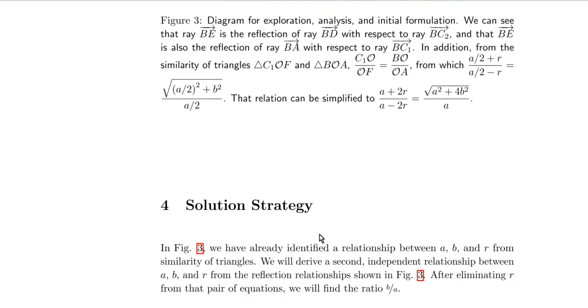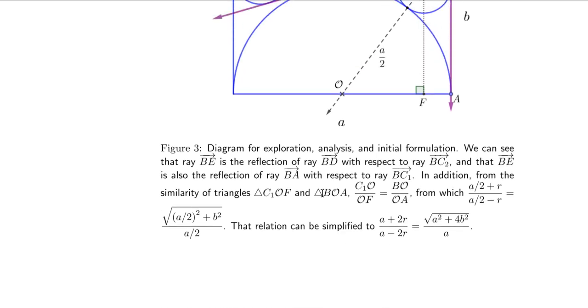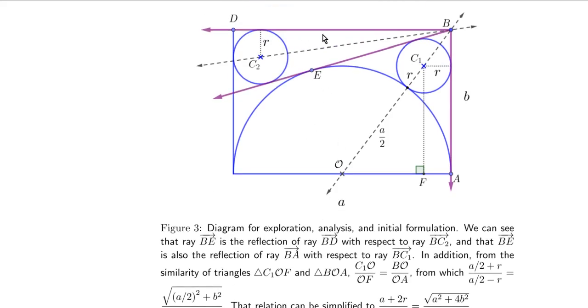So our strategy is we have one equation here from which we could find r in terms of a and b, but also we can use these reflections here to come up with an independent equation for r in terms of a and b.